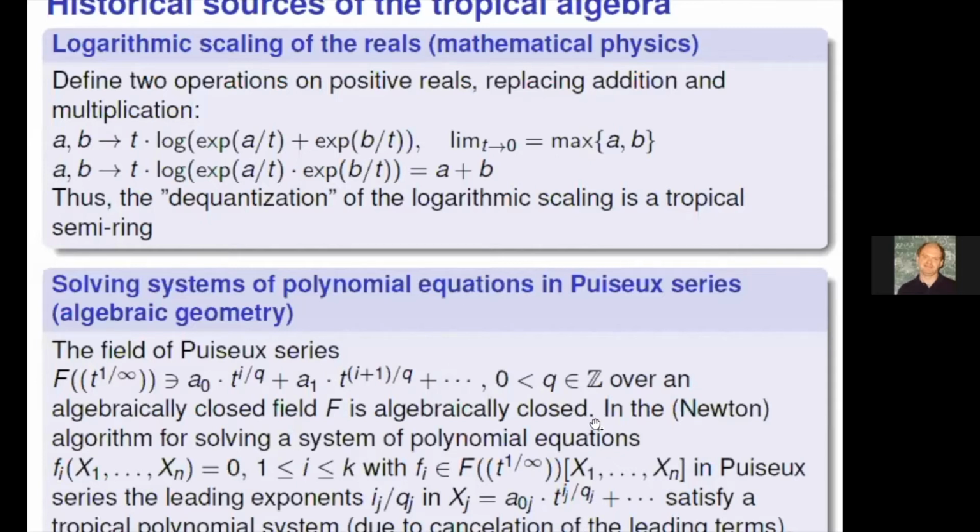Maybe it was really historically the first source of tropical studying. What Newton did, in fact, he started with a system of polynomial equations F_i, and he tried to expand them in what was maybe 200 years later called Puiseux series. And when you do this exercise, just formally substitute this series in the equations and try to expand them.